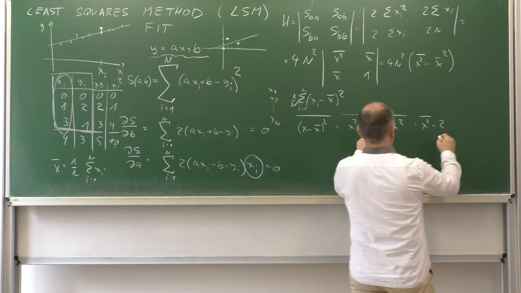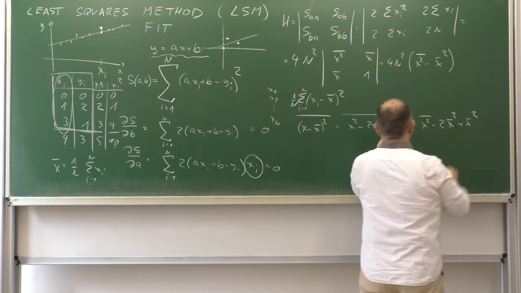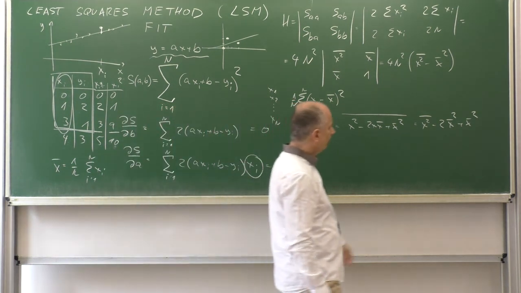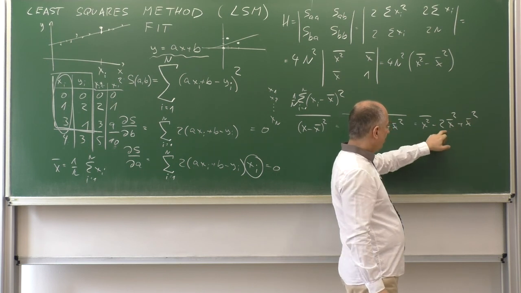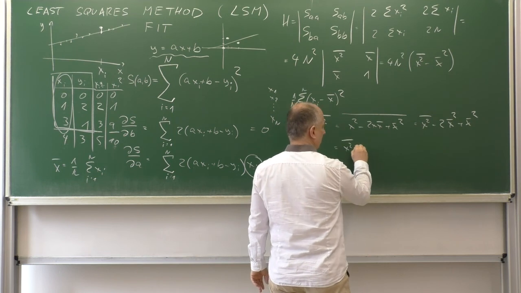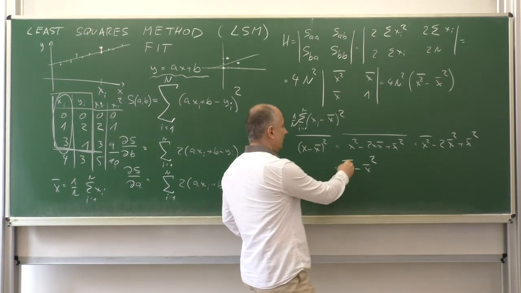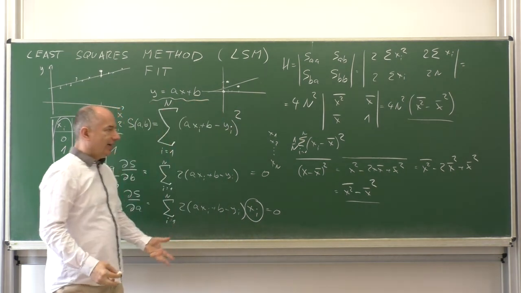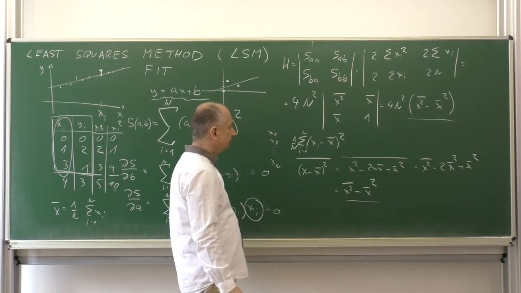So we have 2 x bar squared, plus x bar squared, because the average of a constant is a constant. But here we have the same expression with coefficients plus 1, minus 2. So the result is x squared bar minus x bar squared. You see? And this is exactly the expression that appears in this bracket. X squared average minus x average squared. Where does it come from? From here.